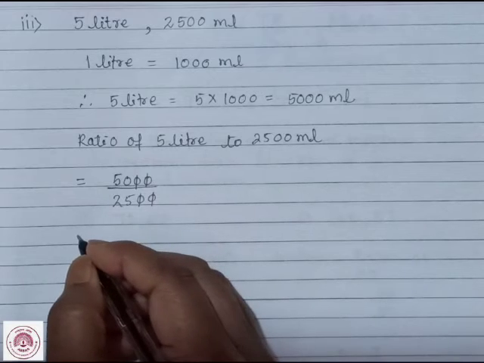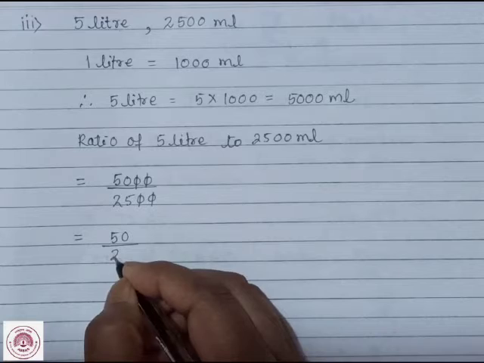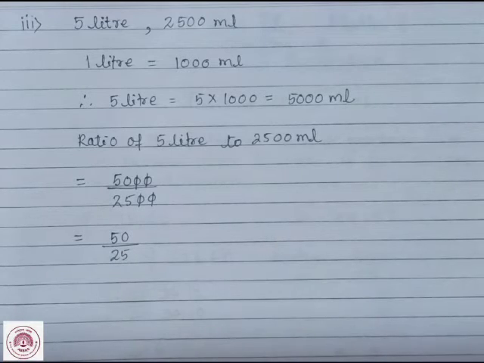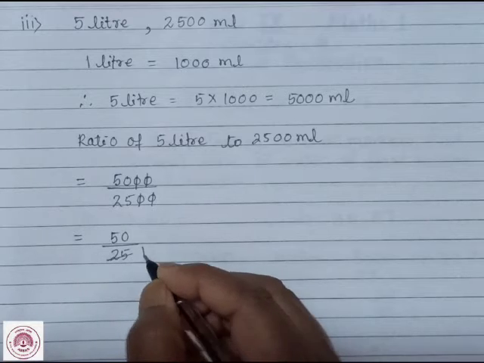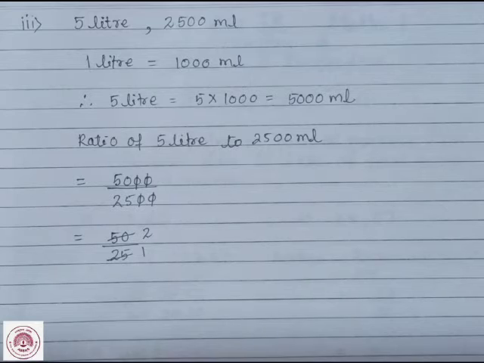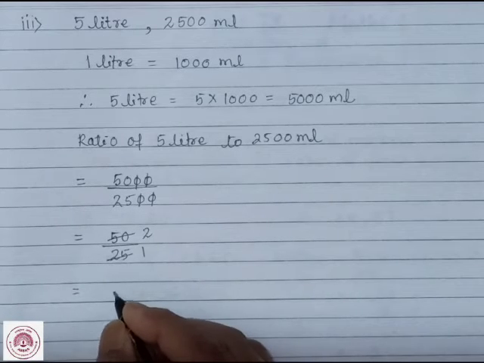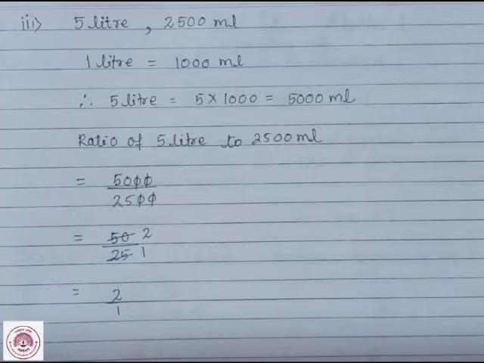So this is equal to 50 upon 25. So now 25 1 times is 25, 25 2 times is 50. So this is equal to 2 upon 1. So we have reduced the ratio of 5 liter to 2500 milliliter.